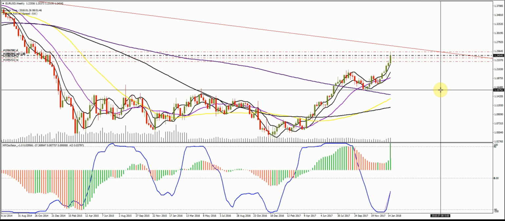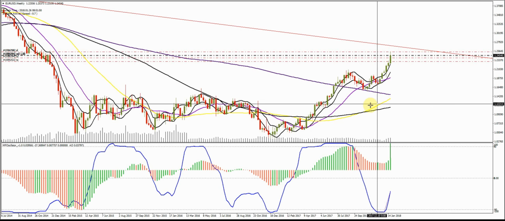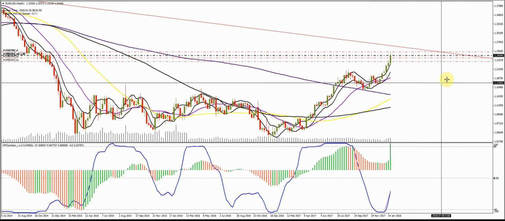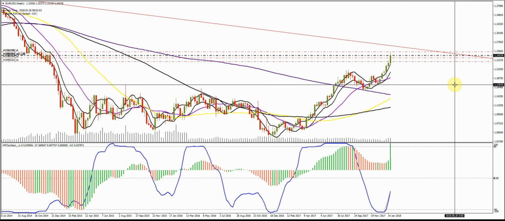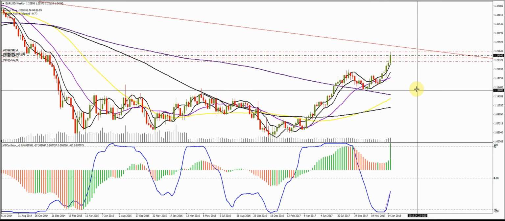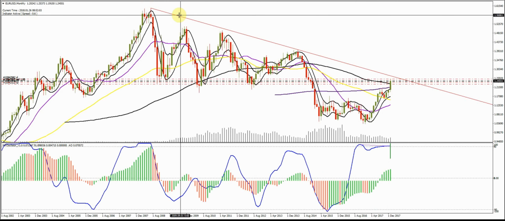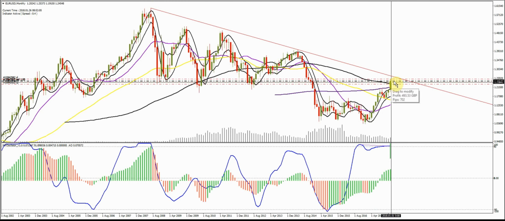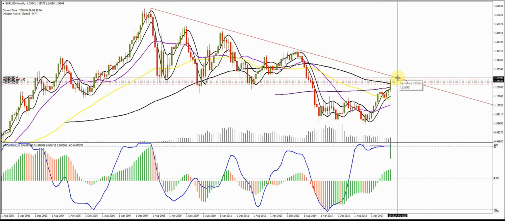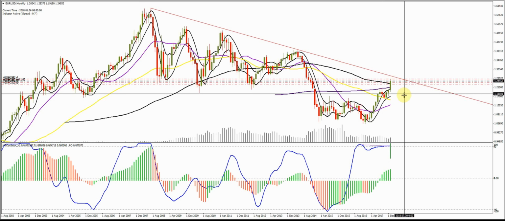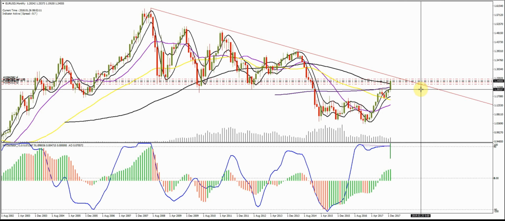Strong levels of support and resistance down there, 115, 116. You've got these moving averages coming up, so potentially 117, around that sort of zone it could pull back to. But ultimately, for the longer term trend, we do look like we are going to get a test of this trend line, a pullback, and then some sort of push through.